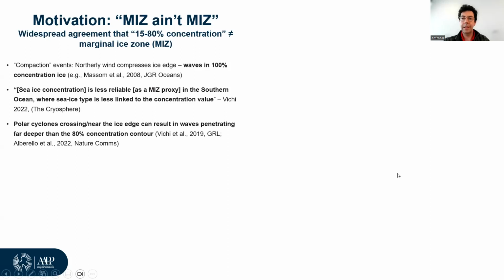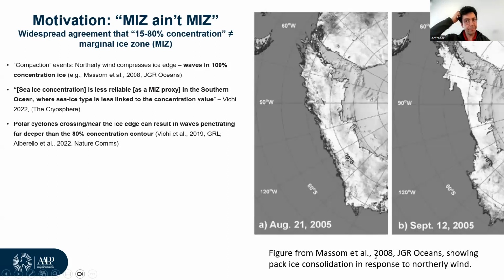So, for example, the Massom 2008 paper. These are two maps of sea ice concentration, a few weeks apart. On the left, we have quite a diffuse ice edge in the Amundsen Sea. We see all of this diffuse ice edge has been compacted up against the coast due to a northerly wind.